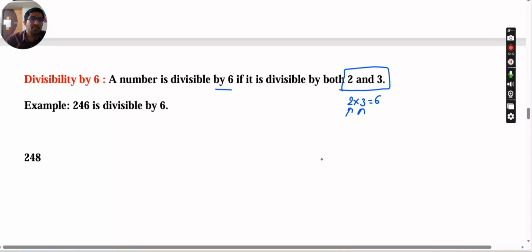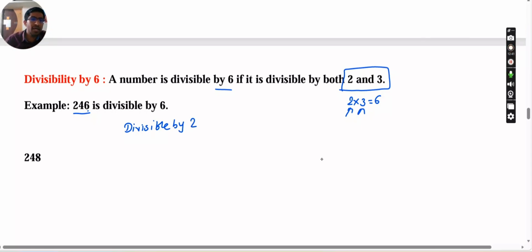Here one example we have taken, 246. What we have to check here is whether the given number is divisible by 2 and 3. For checking the divisibility rule of 2, we are checking the last digit. The last digit is 6 here. So we know that this is divisible by 2. So we can write it is divisible by 2. But not only 2, we have to check if it is divisible by 3 also.